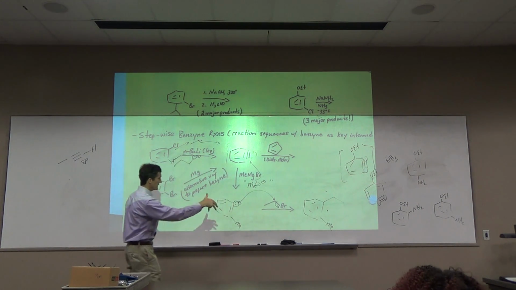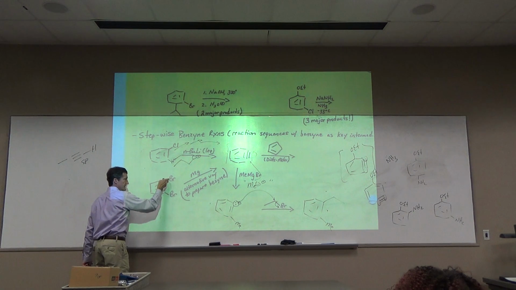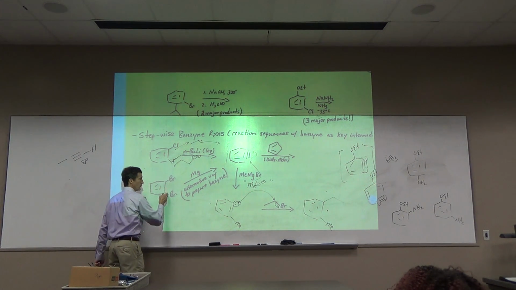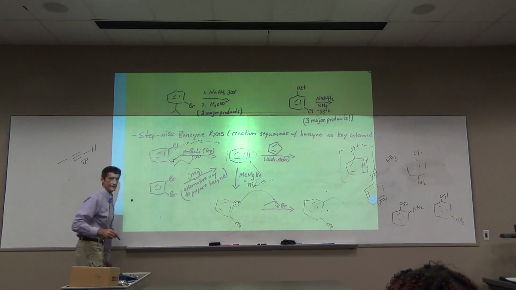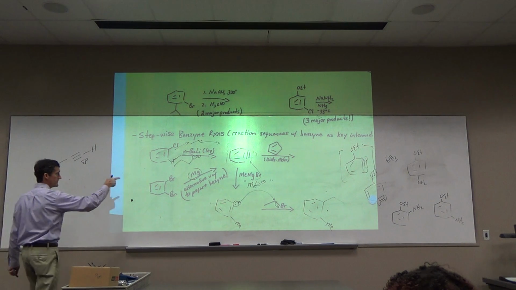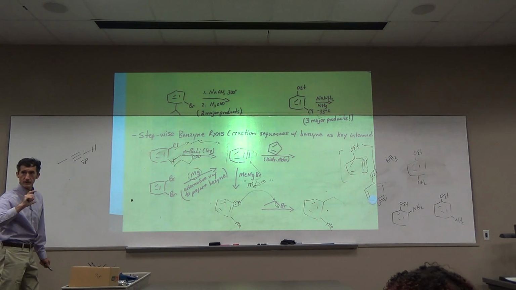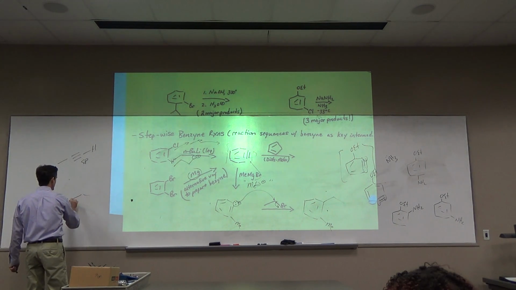Okay. Sequential. By the way, another way to make a benzyne is from dibromobenzene or dichlorobenzene, reacting it with magnesium. Can you envision what's going on here? What does magnesium do to a Grignard reagent?